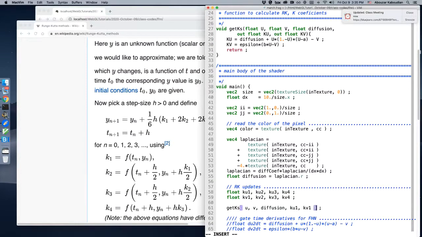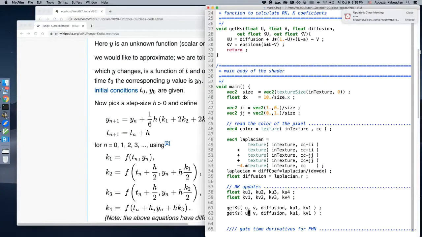Careful what you type in here. And then for the next step, I need to add half of DT times K1 to U. So if I just copy that one to U, I have to add half of DT times KU1.